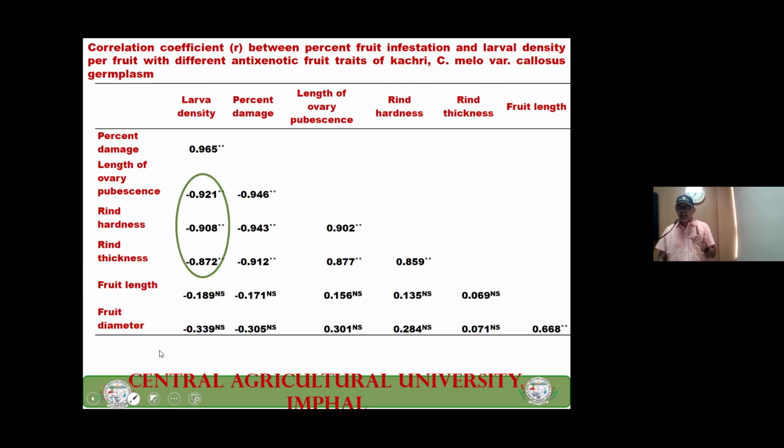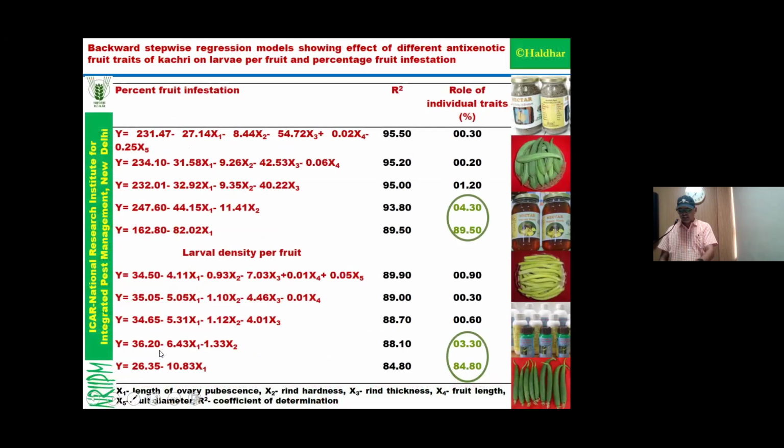So we found, sir, length of ovary pubescence has the major role for controlling this fruit fly, and you see, sir, the length of ovary pubescence contributes 84%. In the overall contribution we are taking 4-5 characters, in which length of ovary pubescence is the main one.